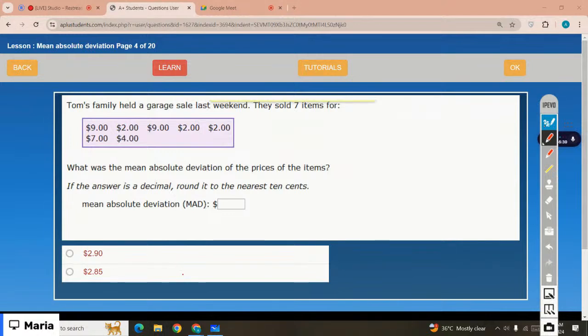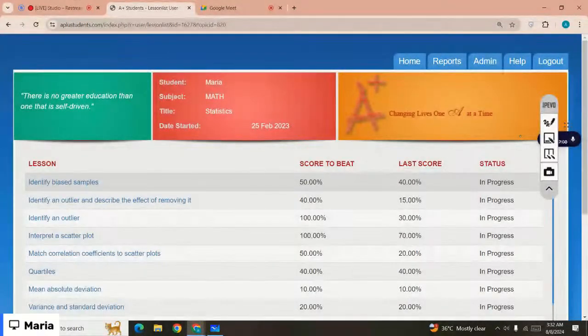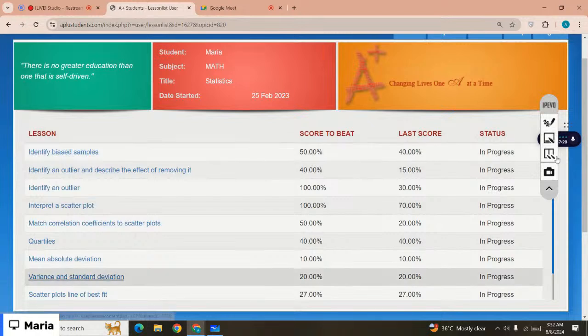Okay, next lesson. The next lesson is variance and standard deviation.